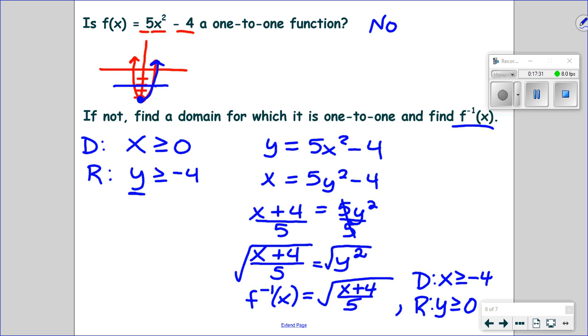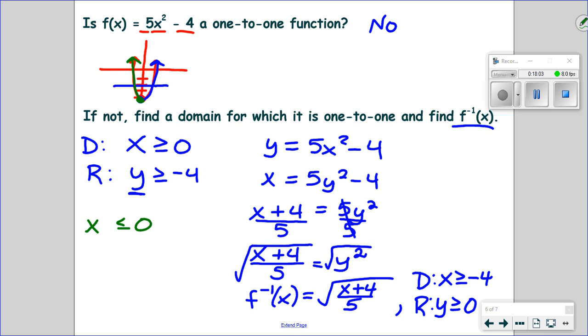All right, now, the other thing I wanted to share with you is I had another option. I could have limited the domain to x less than or equal to 0. Okay, let's just say that I picked the other half of the parabola, and I chose the domain x is less than or equal to 0. The green graph will pass the horizontal line test, so it is a one-to-one function.